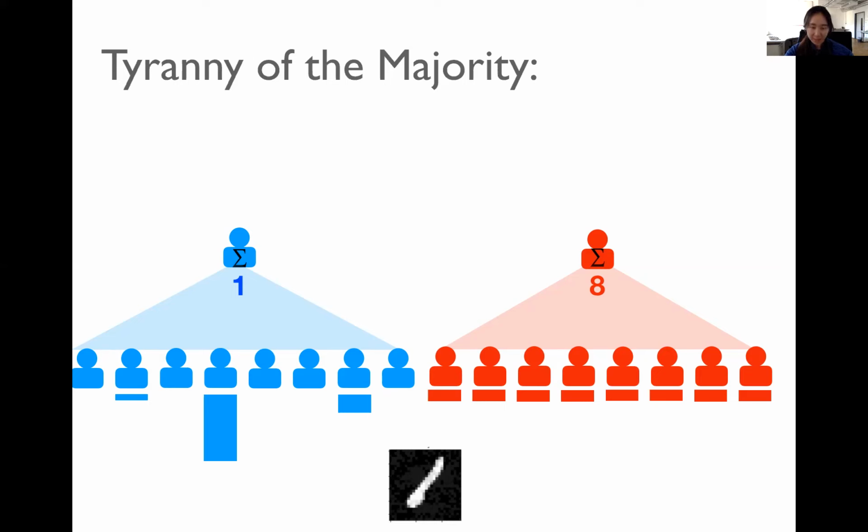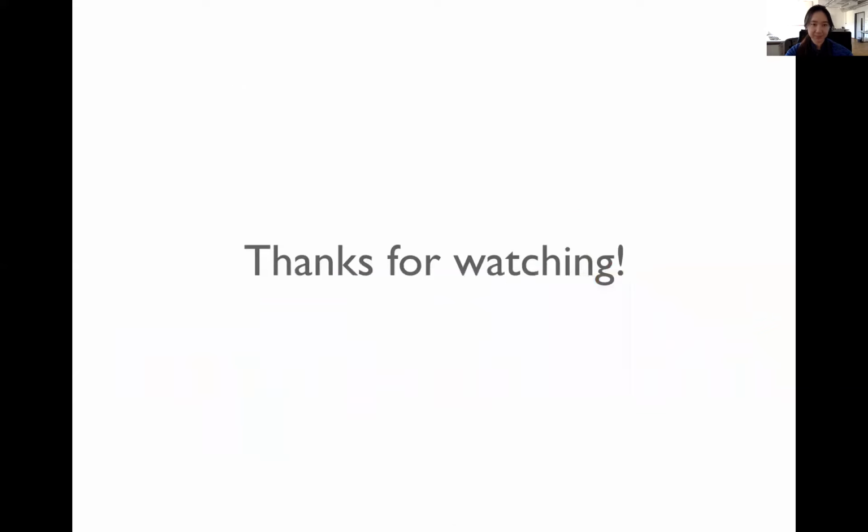So what would happen is, when the later layer tries to sum up the activation of their lower layers, the later layer for class 8 still sums up to a higher value compared to the later layer that sums up feature detectors supporting class 1. So this is how this one image is misclassified by the network as class 8 with very high certainty.